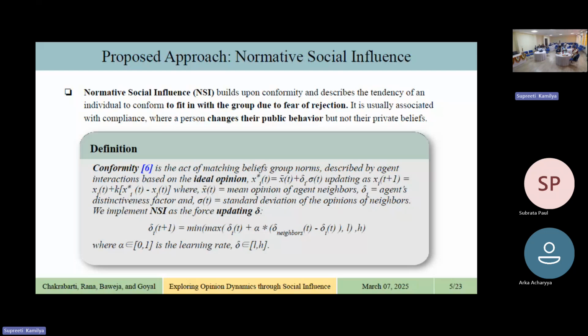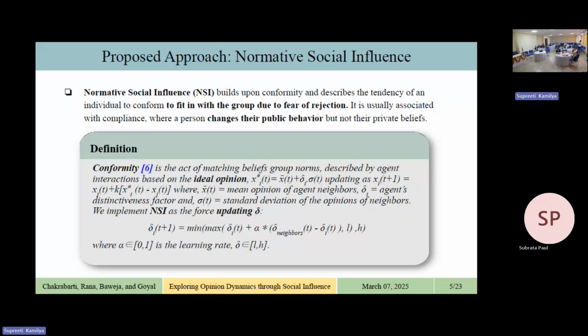We consider a mathematical model of conformity that was previously defined by Epstein and Smaldino. In that, they consider something called ideal opinion, and they define a distinctiveness factor, which is how far from the mean opinion a person can go. We define NSI, which is a theoretical aspect as such, mathematically as a force that updates this distinctiveness factor.